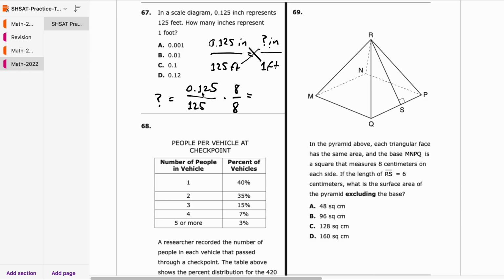And if we do that, well, you could solve this using division or whatever, but this is sort of a shortcut. So 0.125 times 8 is going to be 1, and then 125 times 8 is 1,000. So 1 over 1,000 is the same thing as 0.001. So that would be answer choice A.